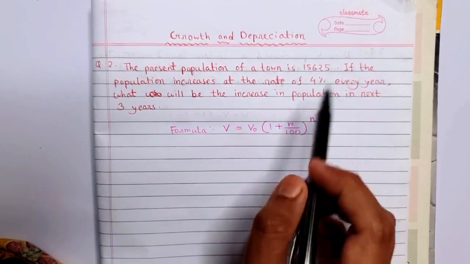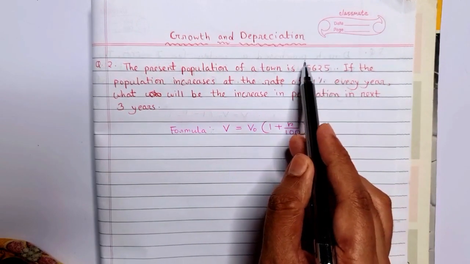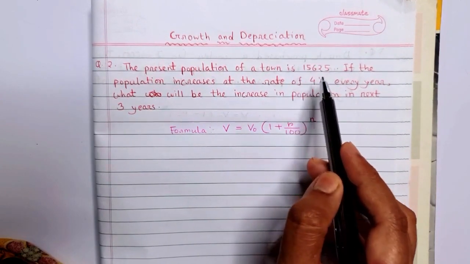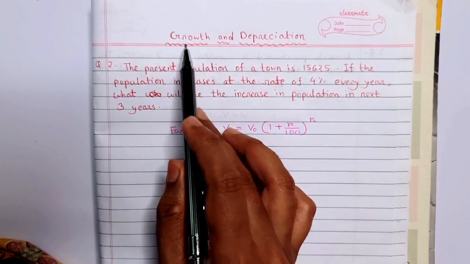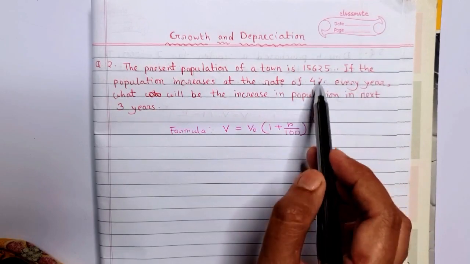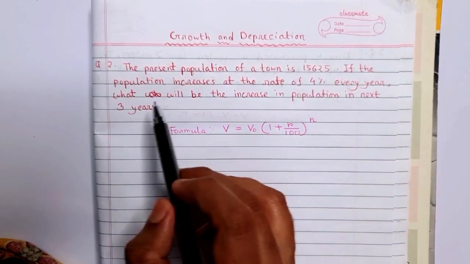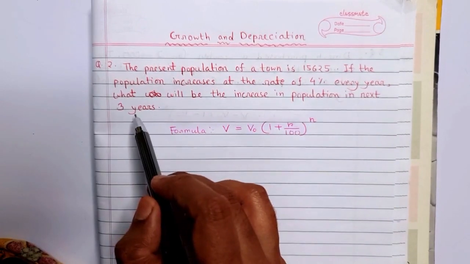So, this is the present population of a town, and the population is increasing, which means it's a problem of growth at the rate of 4% every year. Every year 4% population is increasing. What will be the increase in population in the next 3 years?